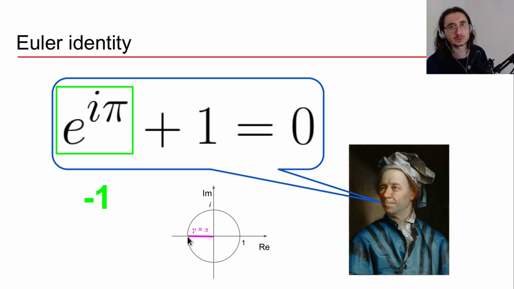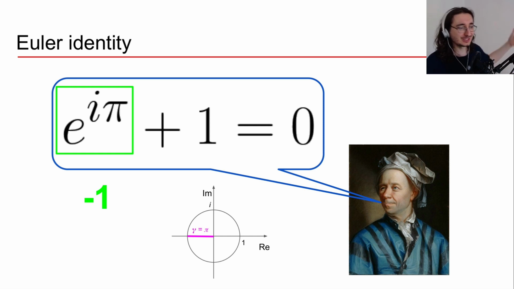And so this is equal to -1. And again, visually it checks out. So Euler, you are a great man, and you were right. By the way, this chap is Leonhard Euler, one of the most brilliant mathematicians to ever live on planet Earth.